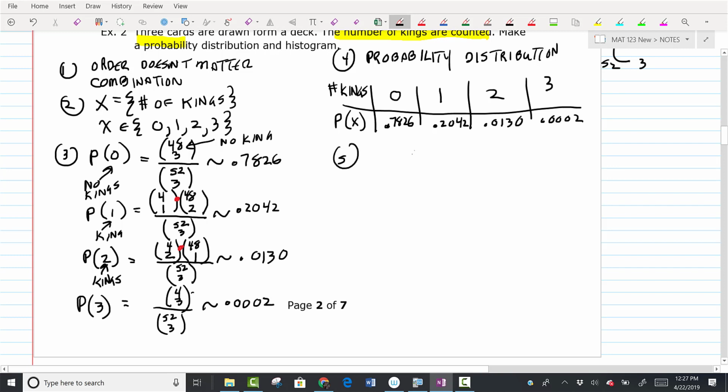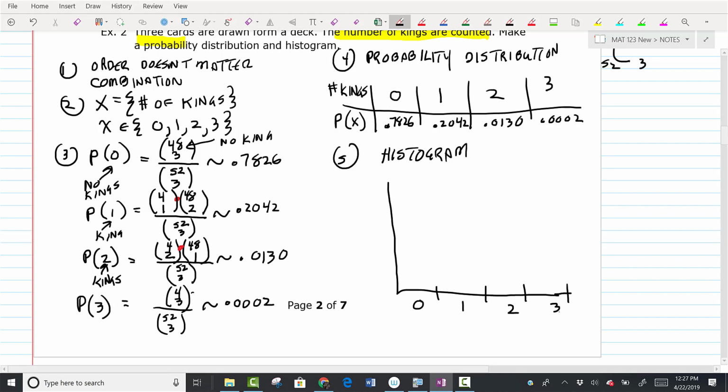Now we're going to do a histogram. If we do a probability histogram, we're just going to draw out the possibilities. We could have 0, 1 king, 2 kings, or 3 kings. That's your random variable, the x-axis. Now your probabilities, we're just going to do percentages.